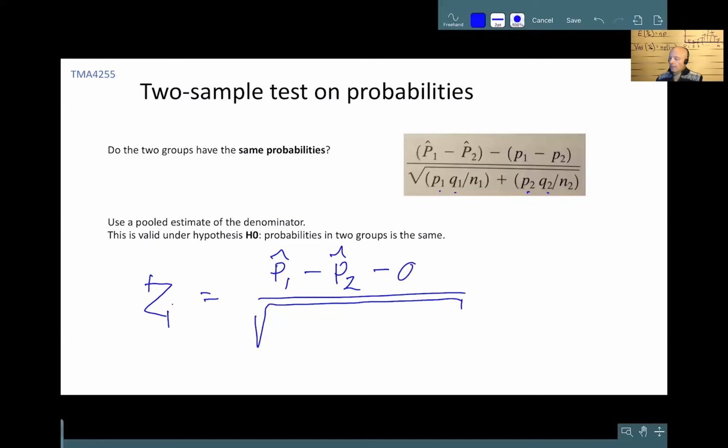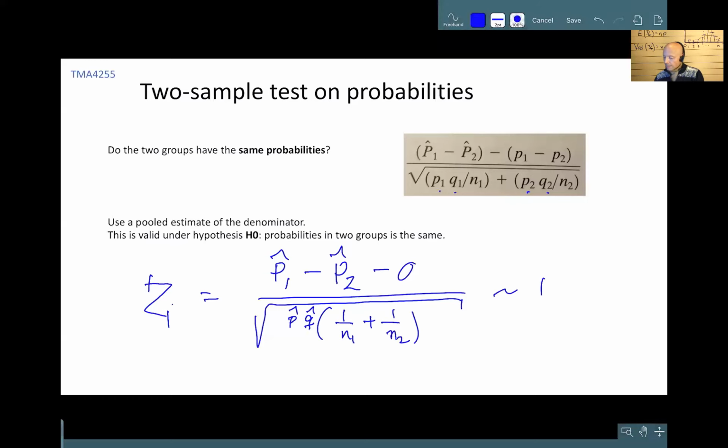So we plug in our estimate here for P1 and P2, and we can again use pooling, because under hypothesis 0, they are assumed to be the same. So let's plug in here our P hat and then Q hat, and then we get 1 over N1 plus 1 over N2.